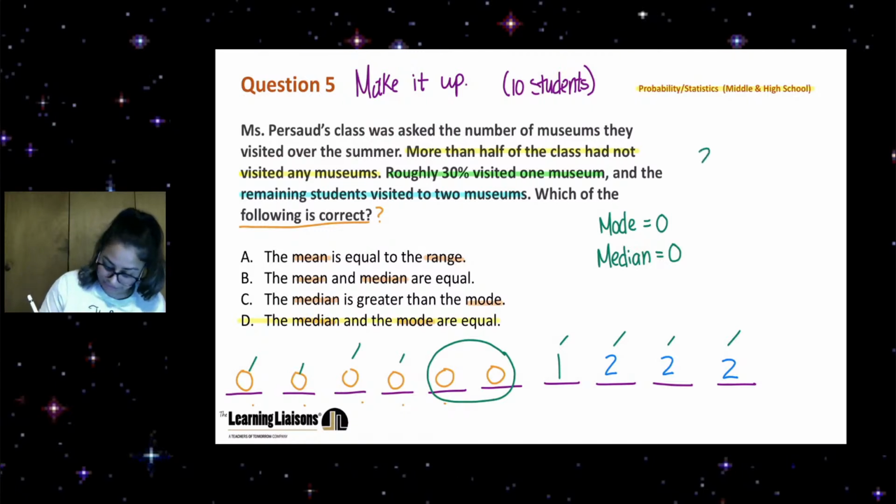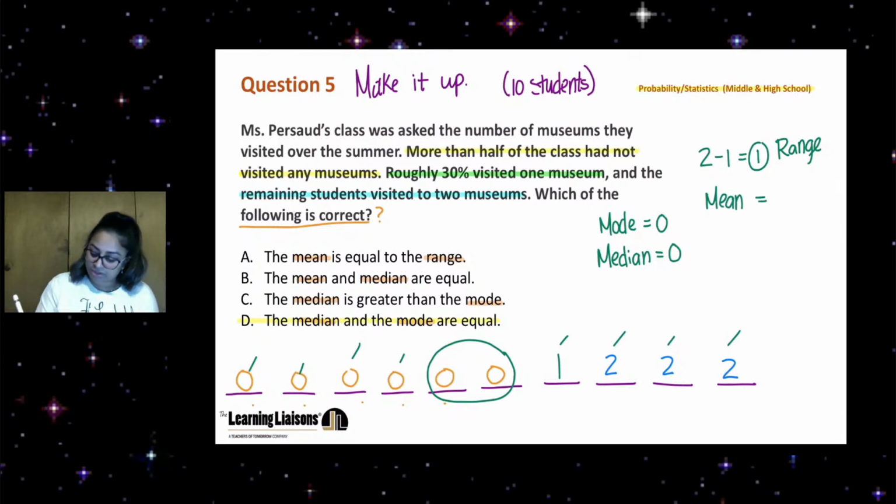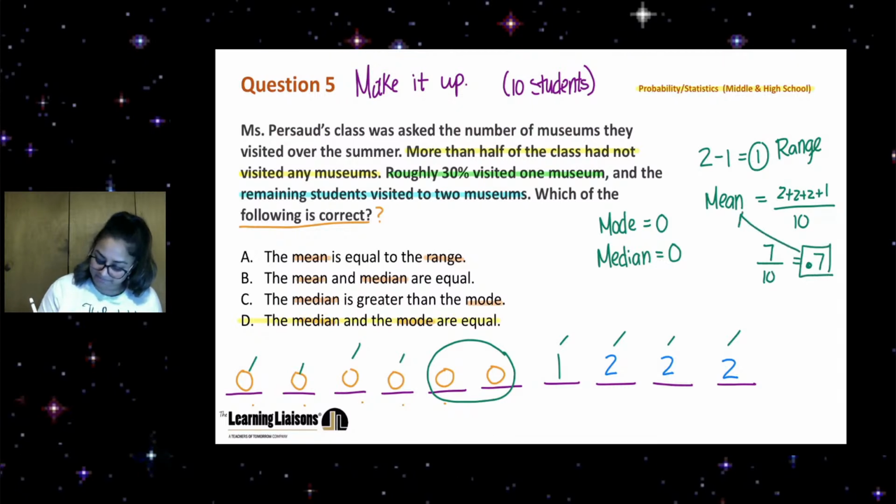Our range is the largest minus the smallest, which is 1, and that's our range. And our mean is the sum of all the numbers. So 2 plus 2 plus 2 plus 1, all divided by 10 students. So 7 divided by 10 is equal to 0.7, and that is our mean.